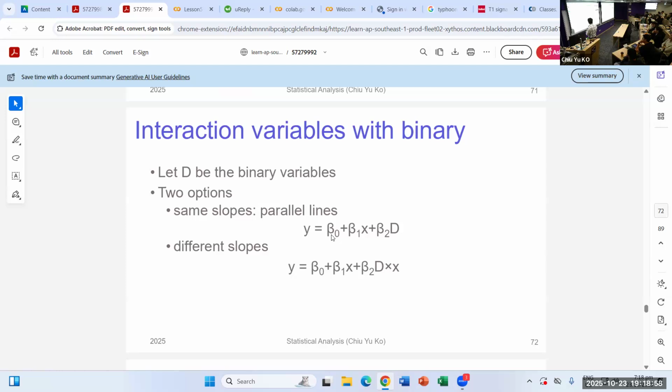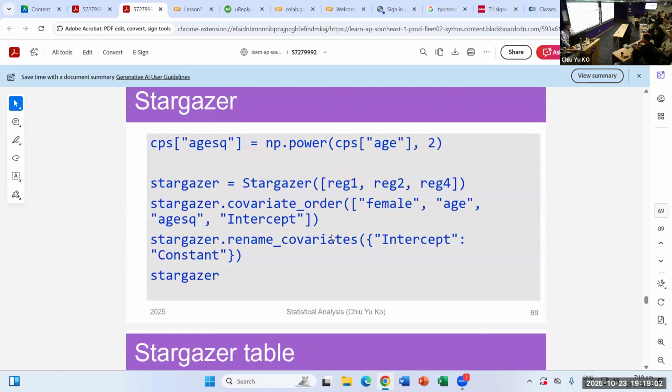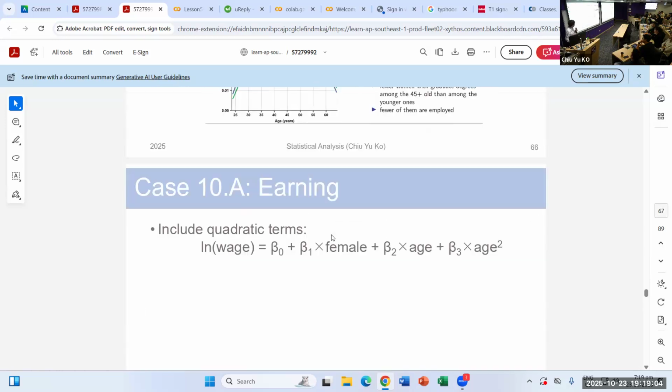In the beginning, when we run the regression like this, it is saying that female only affects your log wage.